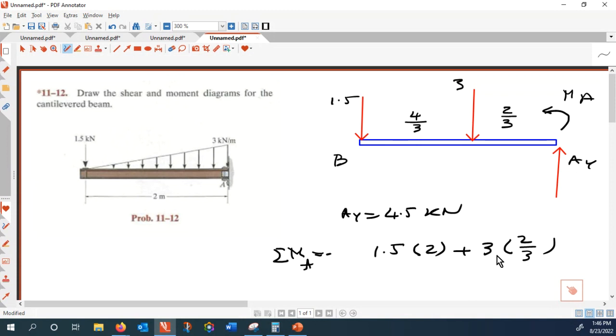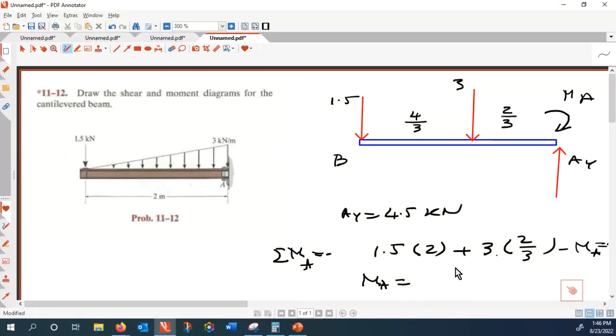Counterclockwise is positive. I assumed MA is in this direction, but if I had plotted it in the reverse direction, that is minus MA equal to 0.